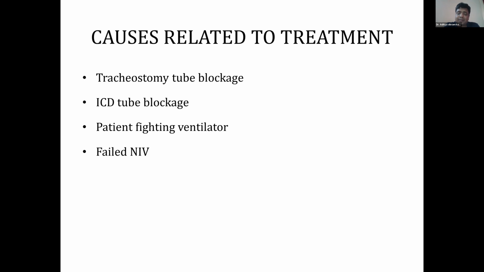Other things, commonly when we feel that the patient is on a ventilator, probably he should not have difficulty in breathing. But if the patient is fighting the ventilator, if there is any patient-ventilator asynchrony, that could also lead to difficulty in breathing or an abnormal breathing cycle. And again, another common cause is whenever you try an NIV, it's not a comfortable situation with no proper counseling.